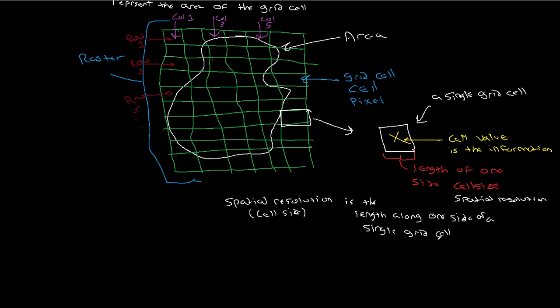And as we come across more and more examples, this will hopefully become more and more clear. And there's going to be some other terminology when we get to remote sensing that we're going to throw in on top of this. But just understanding this concept is 80% of the way there.